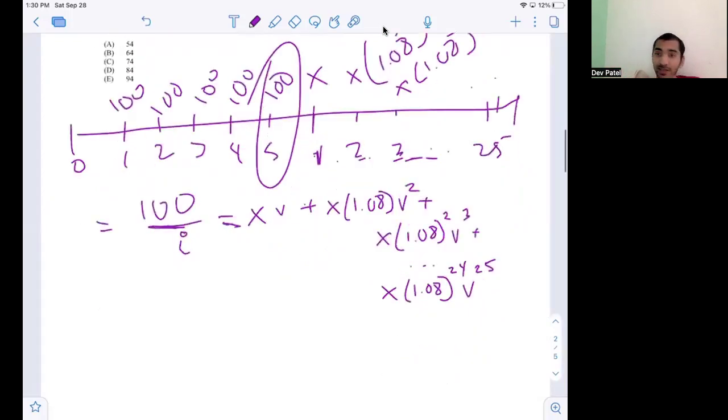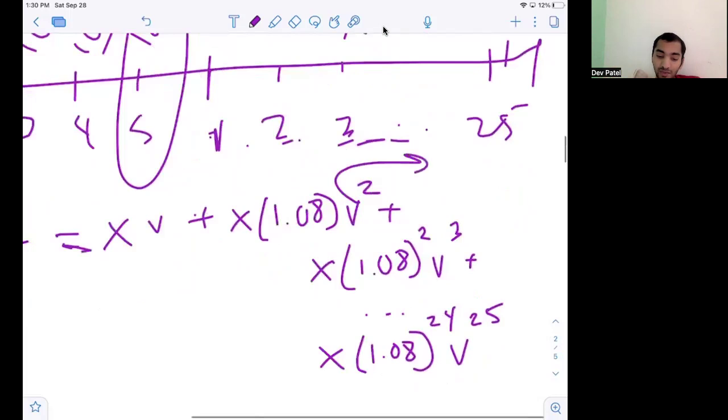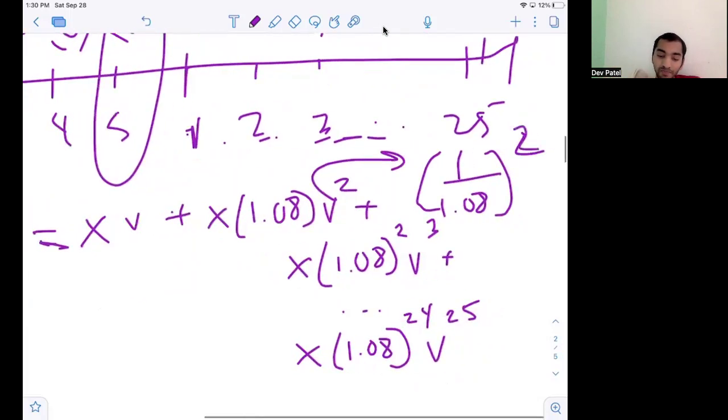If you think of v as just 1 over 1.08, then you're multiplying 1.08 times 1 over 1.08 squared. You're always going to discount 1 year more than the factor that you're increasing by. So in this case, 25 and 24.